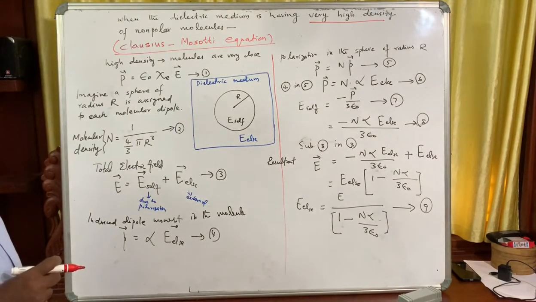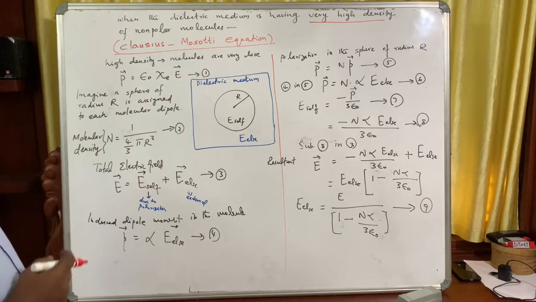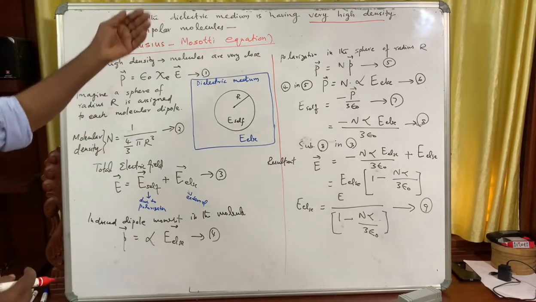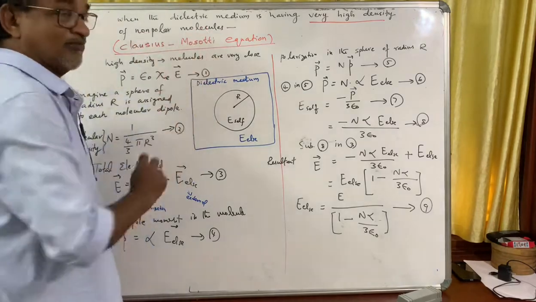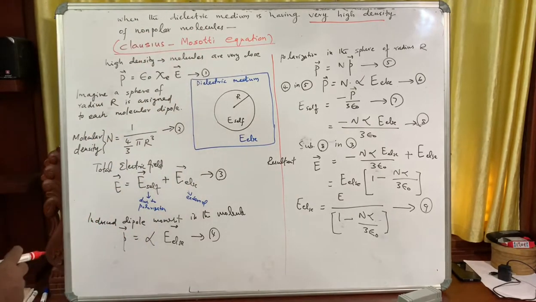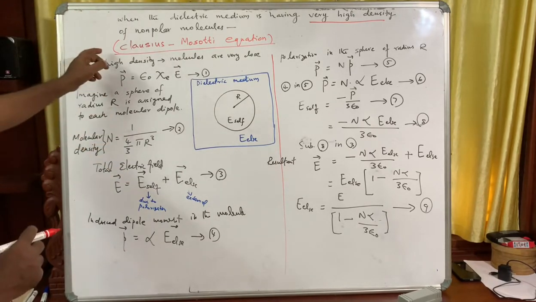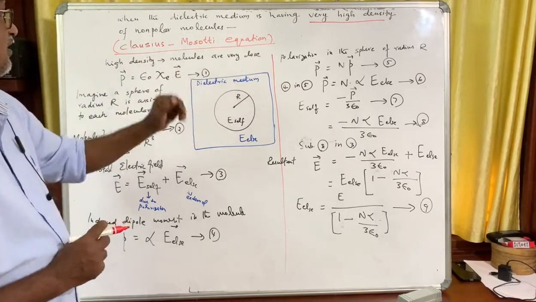That is, capital N, the number of molecules per unit volume, is very large, and we are considering non-polar molecules, not polar molecules. Here we are getting a final equation. That final equation is called the Clausius-Mossotti equation.